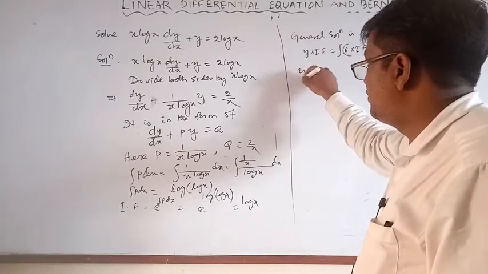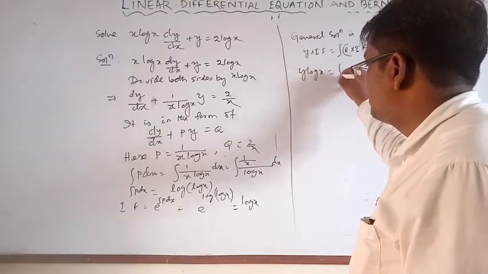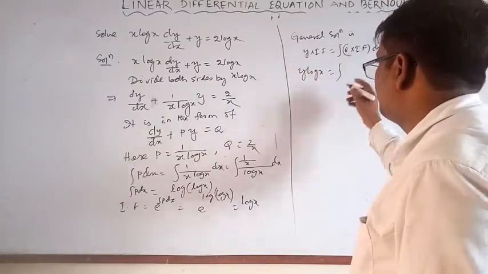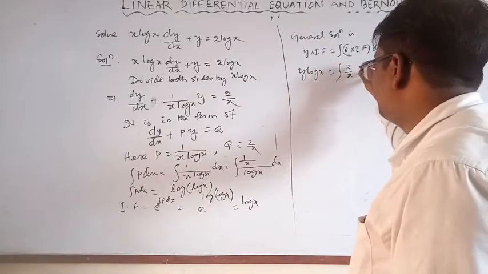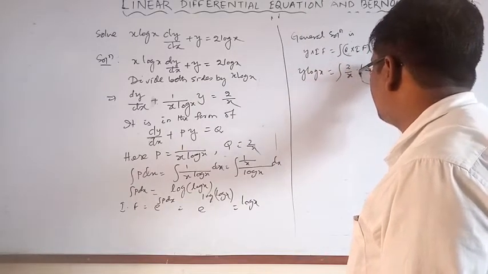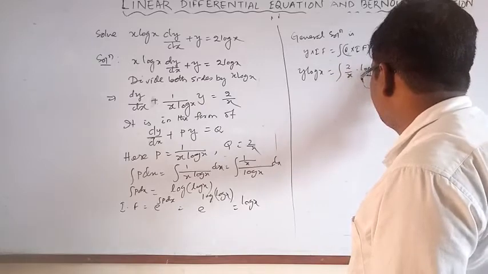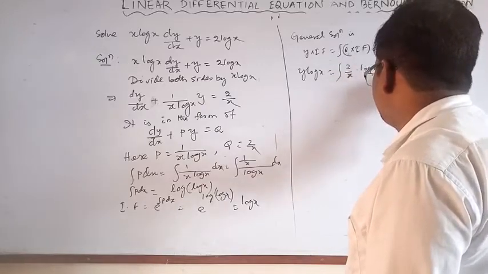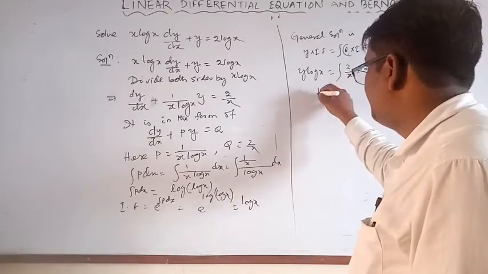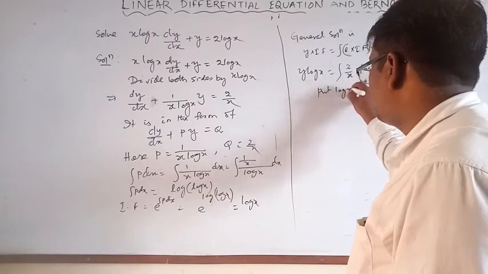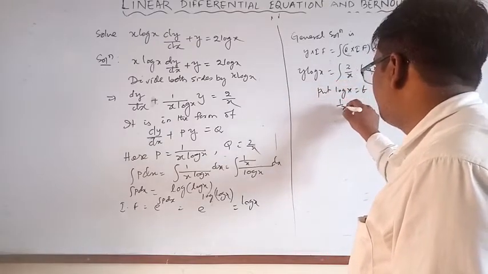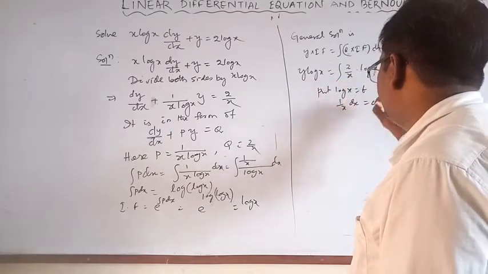So y into log x is equal to integration of q, that is 2 by x, into log x dx. Okay, so put log x is equal to t, 1 by x dx is equal to dt.